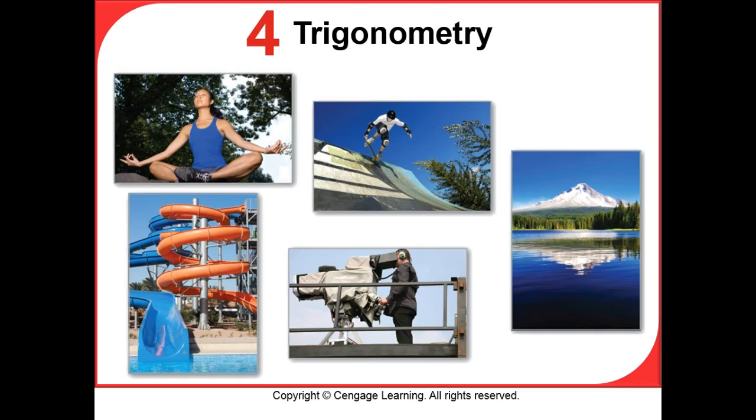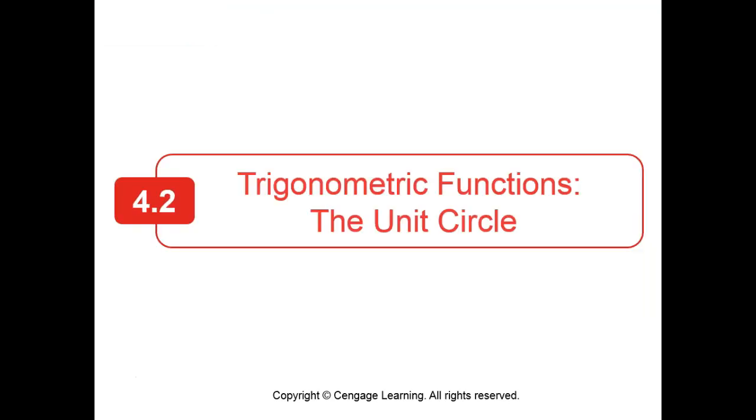Okay. So, we're still in Chapter 4, Trigonometry, Measurement of Triangles, and 4.2, Trigonometric Functions based on the unit circle. What in the world does unit circle mean to you? Anything? What does unit mean?